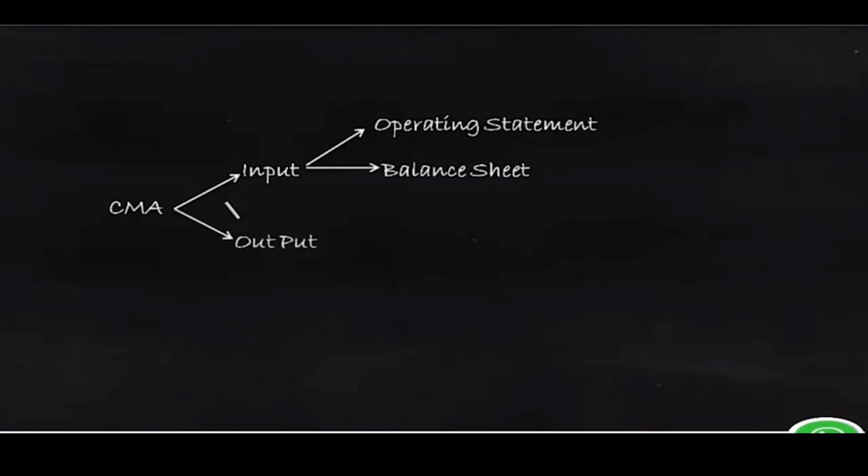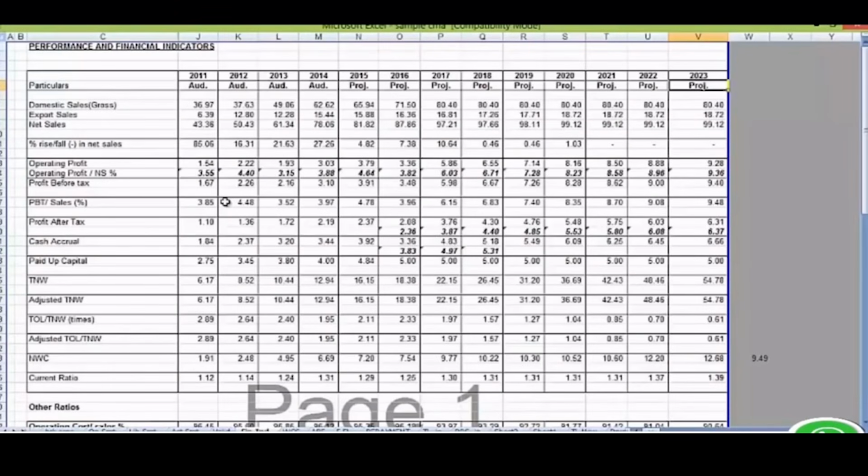What are the outputs? The first output would be a sheet called financial ratios. Financial ratios or financial indicators is the output sheet. If all the data are entered in the operating statement and balance sheet, this statement will be prepared automatically. This sheet will come automatically, which will talk about various financial indicators. It starts with operating profit, then profit before tax, profitability, cash accrual, paid up capital, TNW, adjusted TNW, like that.